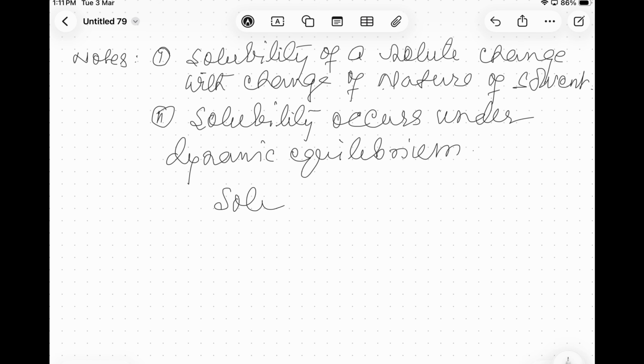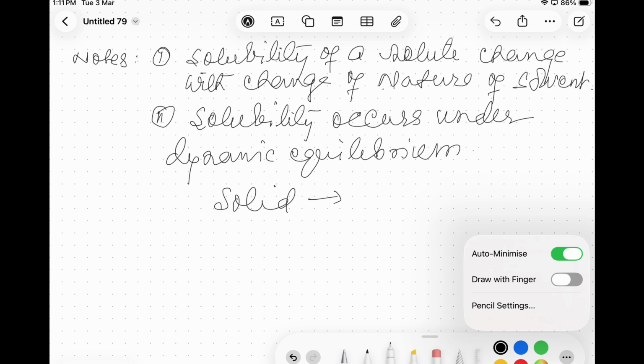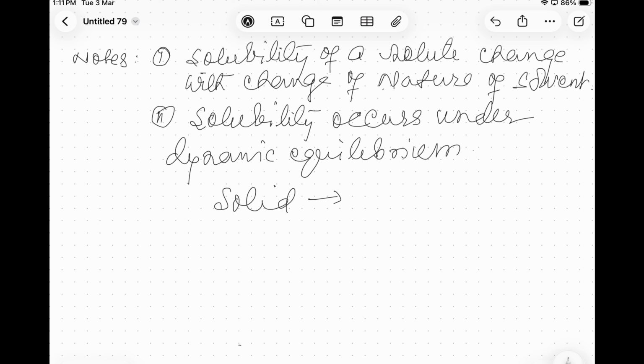Solid NaCl gets dissolved into solvent, that means dissolved particles, and since the solution is saturated, that means the reaction is reversible, and the rate of dissolution and precipitation are in equilibrium.